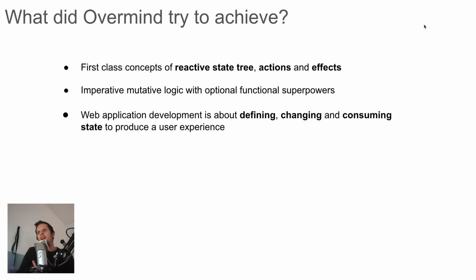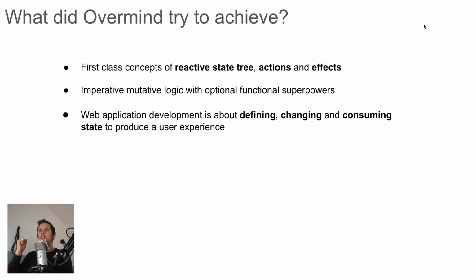And then at the end of the day, it's about just making everyone productive. So Overmind's quote is, application development is about defining, changing, and consuming state to produce a user experience. And that's really the core of what we're doing. And it's about spending as much time as possible doing exactly that.